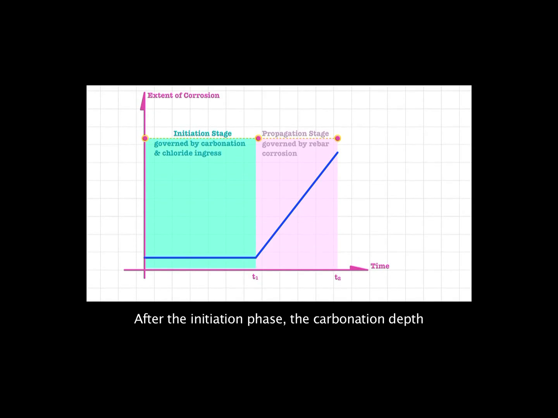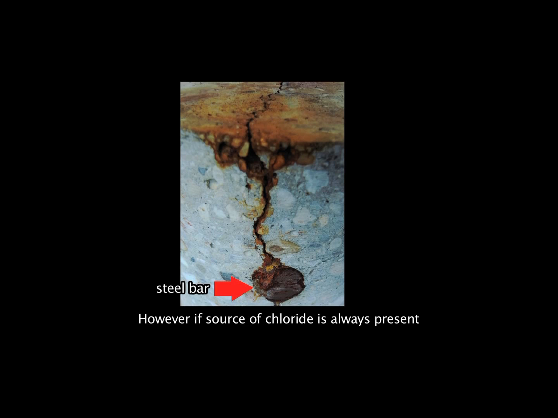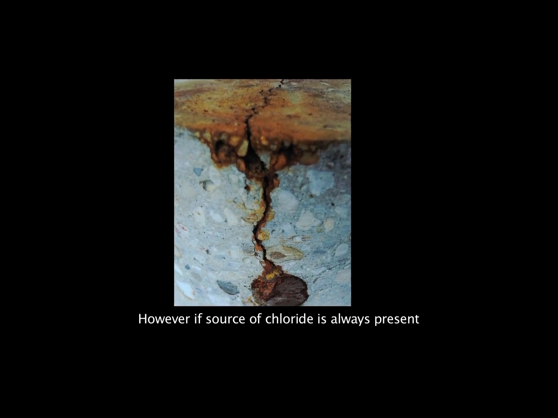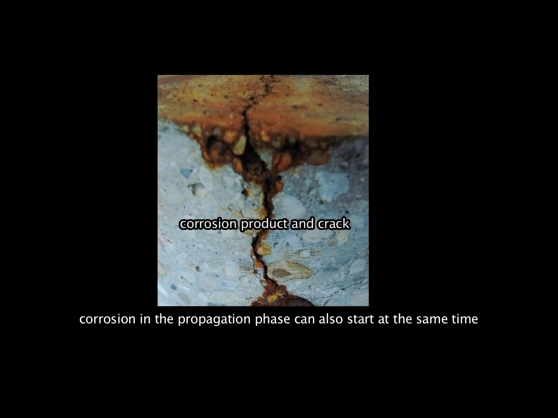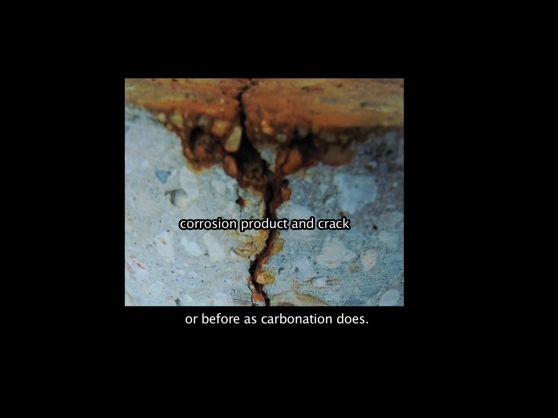After the initiation phase, the carbonation depth reaches the steel cover depth and starts the propagation phase of corrosion. However, if a source of chloride is always present, corrosion in the propagation phase can also start at the same time or before carbonation does.